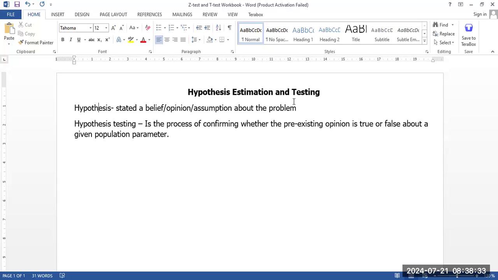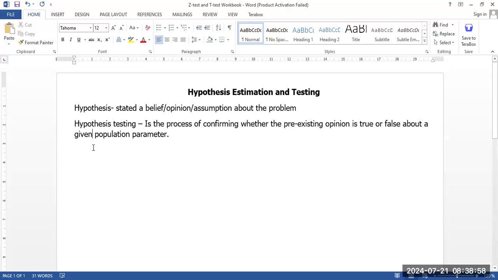That is your belief. But we cannot confirm that belief without testing. So once you state your hypothesis, we have to follow some procedures to confirm whether what you stated is true or false.